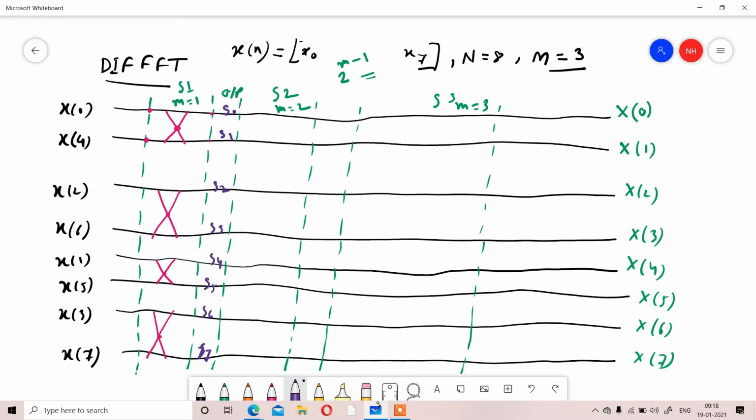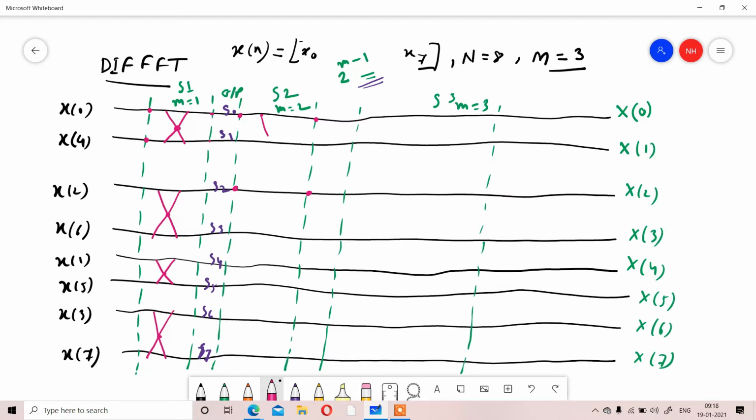Now similarly for stage 2, for small m equal to 2, you can check that the bit separation will be 2. That means the first bit will be connected after 2 separation. So S0 will be connected to S2. That will be your first butterfly, and that will be the output of the first butterfly.